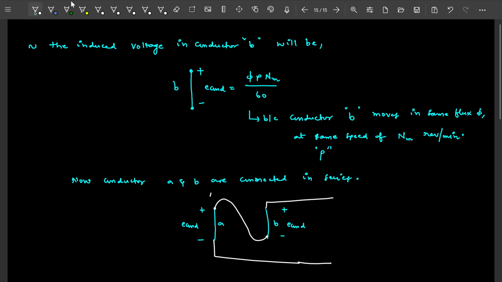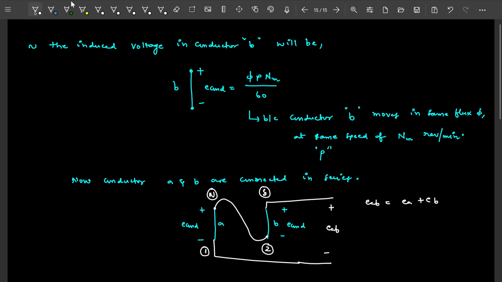This conductor A is under north pole and this conductor B is under south pole. This conductor is in slot 1. This conductor is under slot 2. Now here we are going to get one voltage. This is nothing but EAB. Now this EAB is nothing but EA plus EB, because we write the KVL equation here, plus E conductor and plus E conductor.